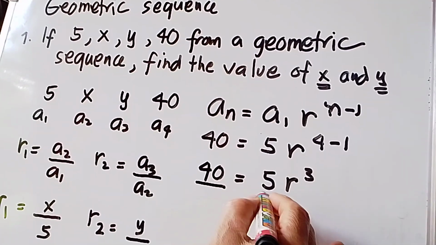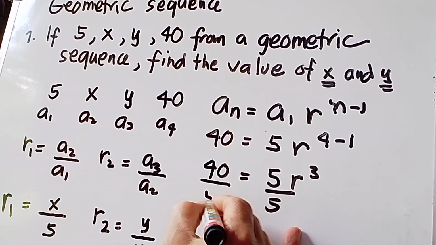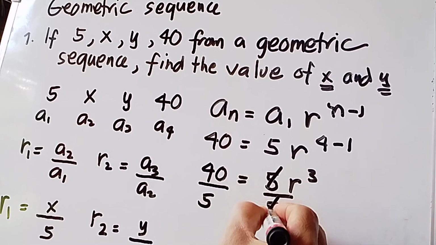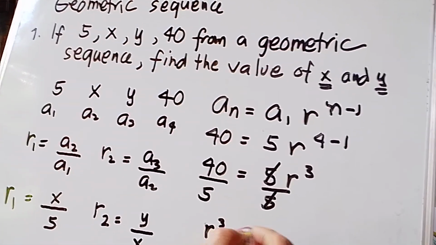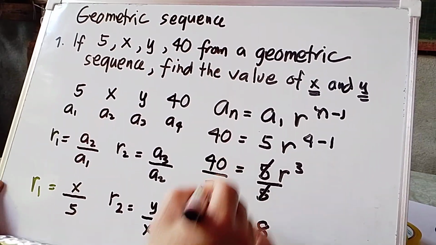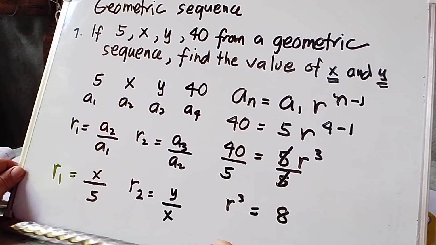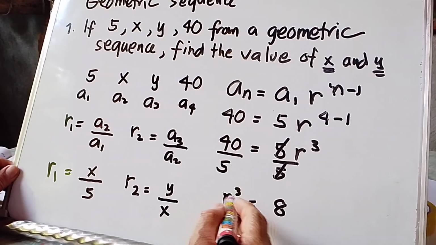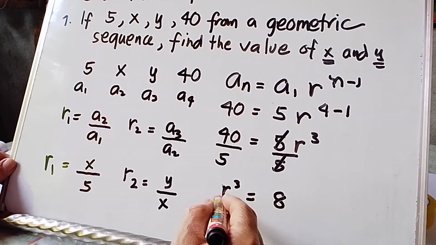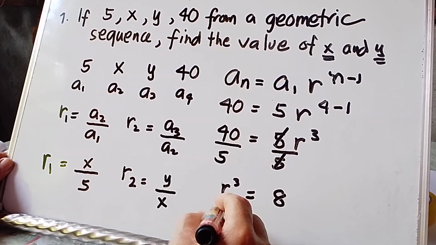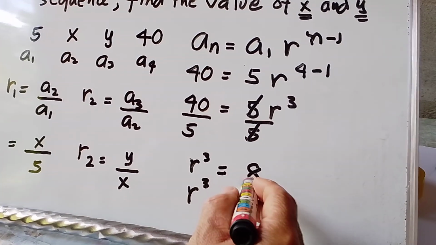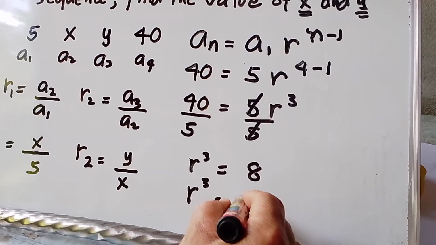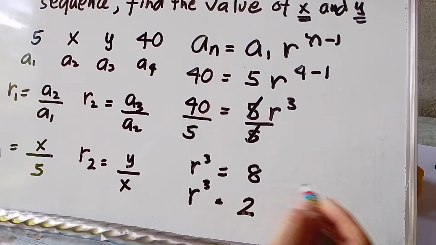And then I need to divide both sides by 5 to solve for r cubed. So this will be crossed out. Then r cubed is equal to 8, because 40 divided by 5 is 8. Now, r cubed is equal to 8, so we take the cube root of 8. In a simple way, this is r raised to the power of 3. Then think of a number raised to the power of 3.